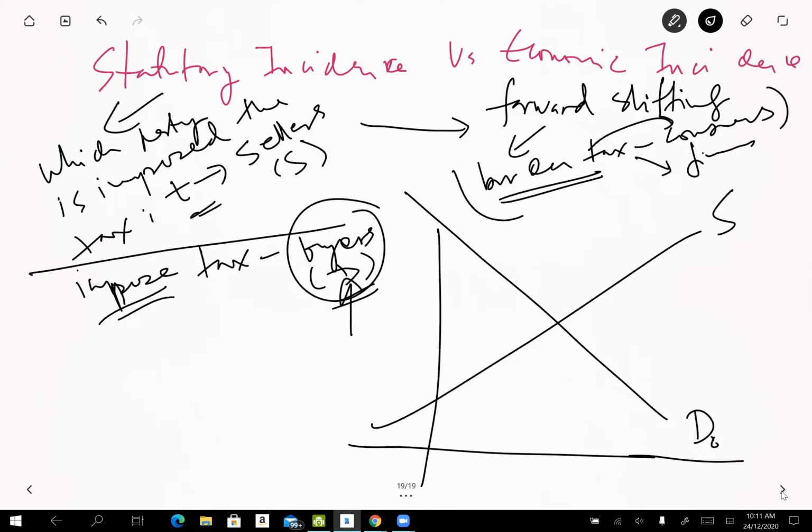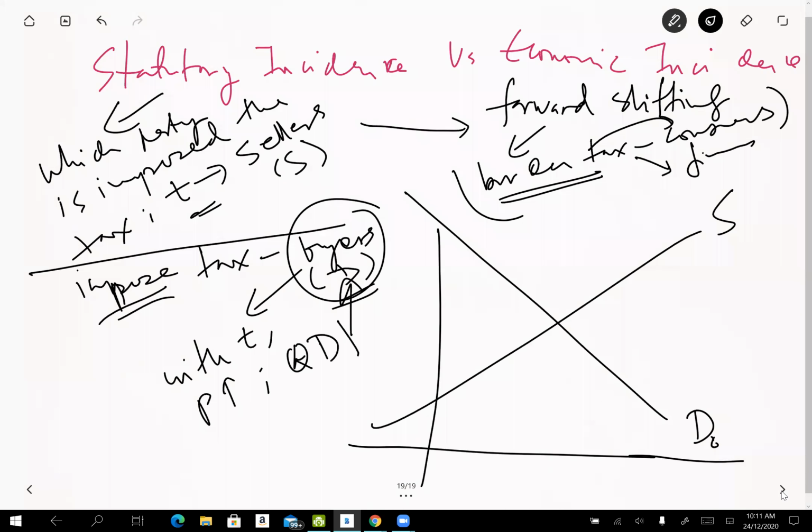Now, a simple explanation is that if the tax is imposed, that means the price now becomes higher. So if your price becomes higher, your quantity demanded will become lower, your demand will be lower. So what you see here, due to the tax, your demand will shift to the left.